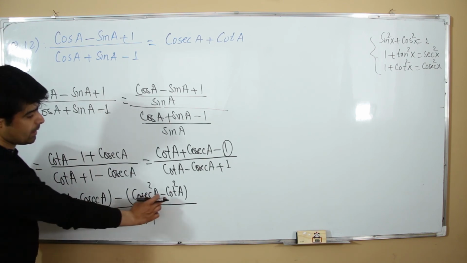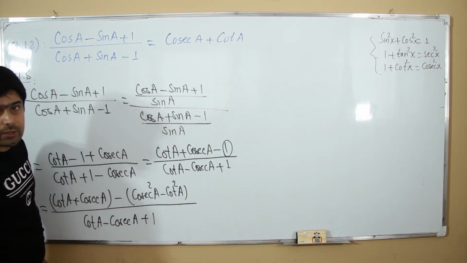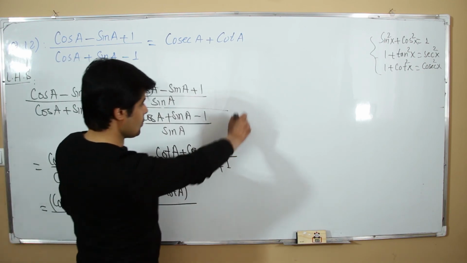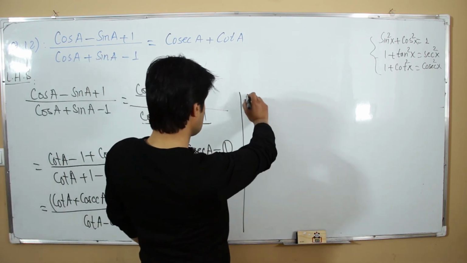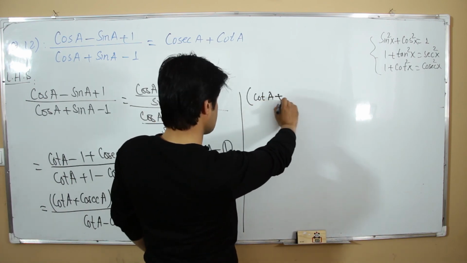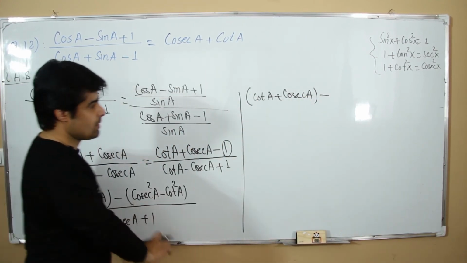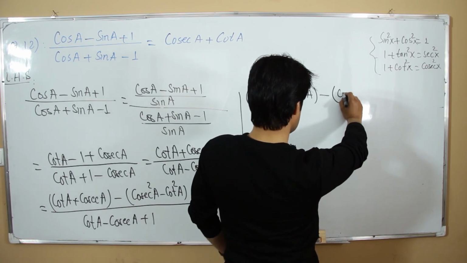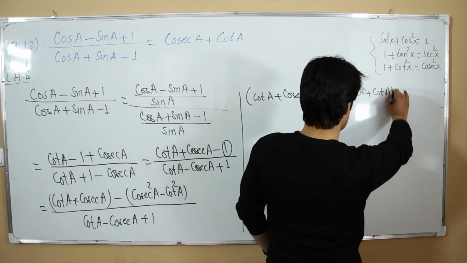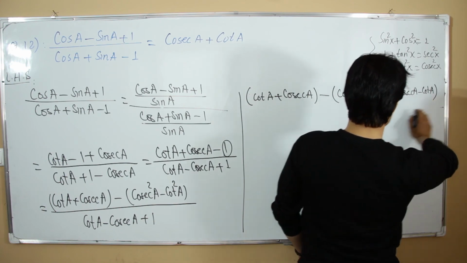Now this is we have a factor of a square minus b square, which is a minus b and a plus b. So you will have cotangent of a plus cosecant of a minus, this one is a minus b, a plus b, cosecant of a plus cotangent of a and cosecant of a minus cotangent of a.